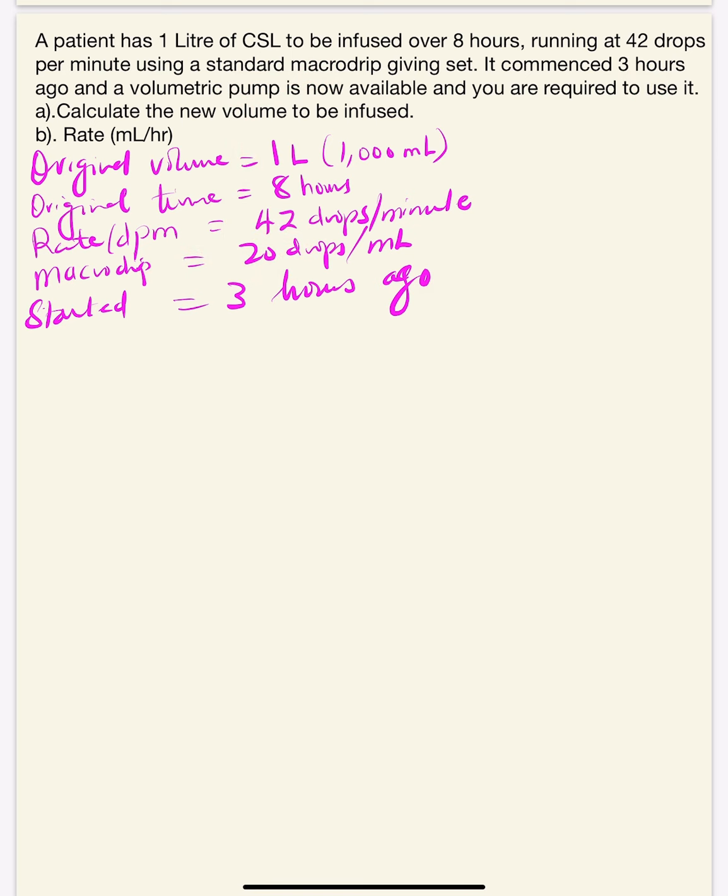Because the question is asking us to calculate the new volume, we can say the new volume is equal to the original volume minus the infused volume.